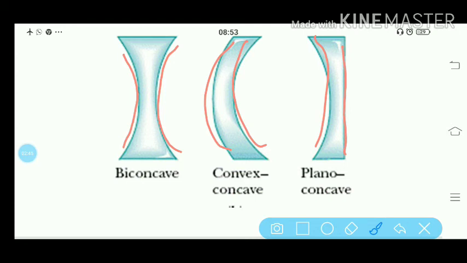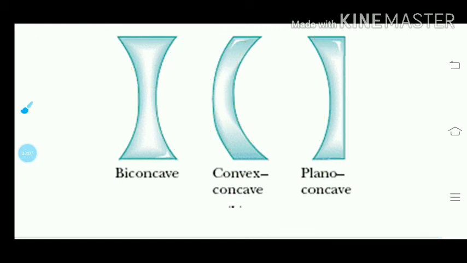So both concavo-convex lens and convexo-concave lens have one surface convex and the other surface concave, but they differ in their shape and action. A concavo-convex lens is thicker in the middle and has a converging action on a light beam, while a convexo-concave lens is thinner in the middle and has a diverging action on the light beam.